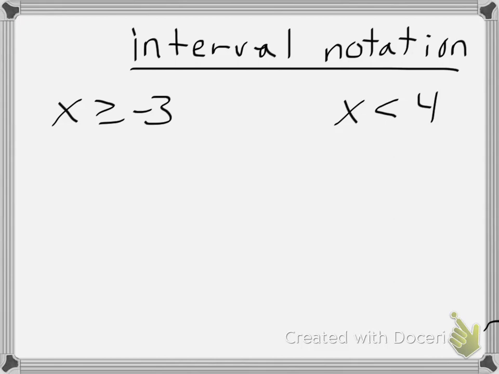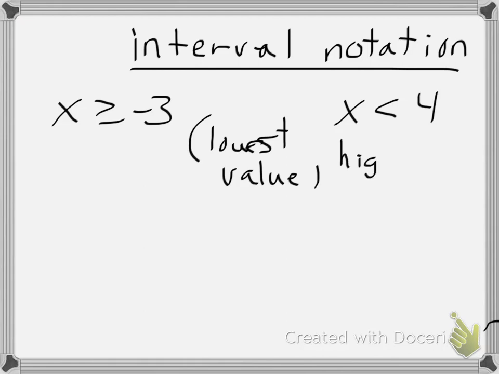We have our lowest value, and then our highest value, on the left and on the right, between parentheses or brackets, and I'll get to that in a second. So again, we need our lowest value, which we'll put on the left, and our highest value, which we'll put on the right.